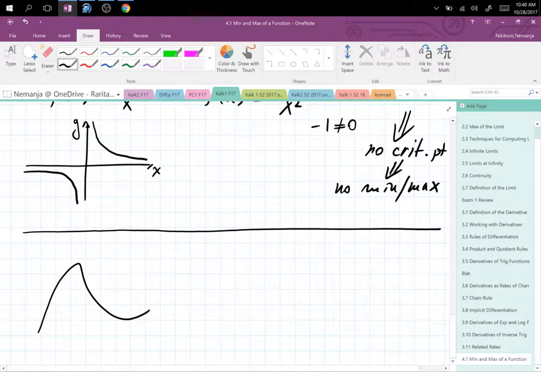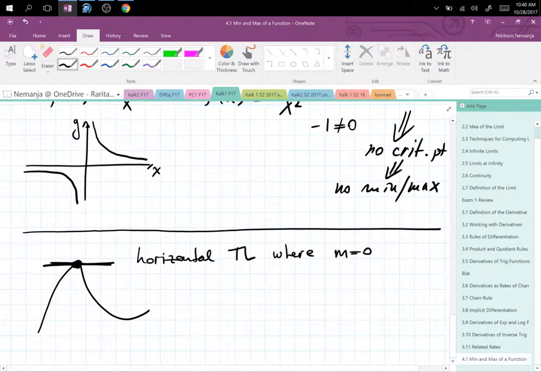So for every max, min value, whatever, we have the horizontal tangent line where slope m is equal to 0, and we know m is the derivative computed at value a, which is the reason we say you set the derivative equal to 0.